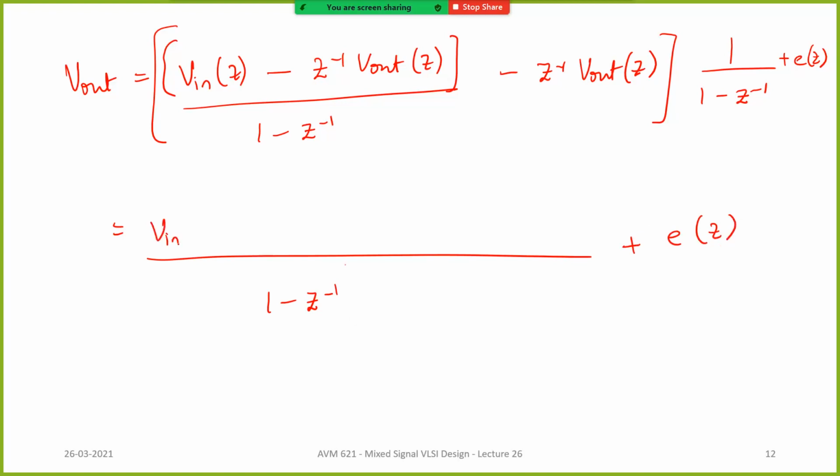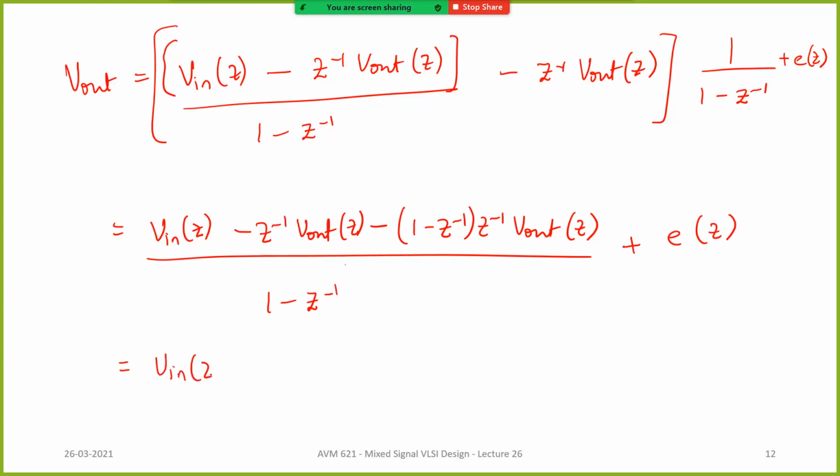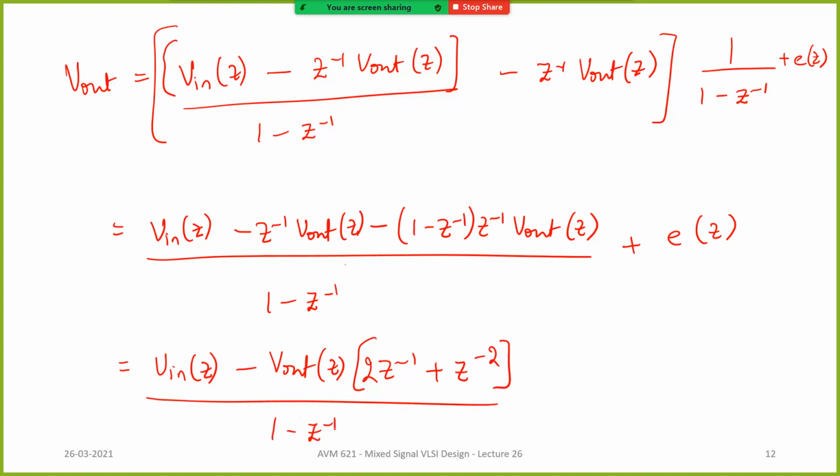V in of Z minus Z inverse into V out of Z minus 1 minus Z inverse into Z inverse into V out of Z. So let's take V out of Z common: you have Z inverse, minus one more Z inverse, so you have 2 Z inverse, and because the minus sign has been taken out, plus Z to the power of minus 2, divided by 1 minus Z inverse, plus E of Z.